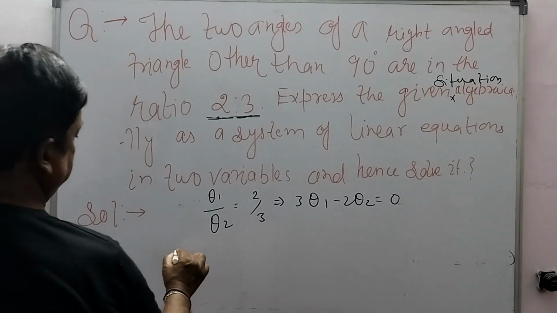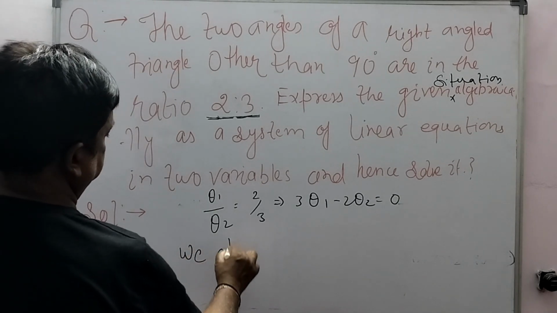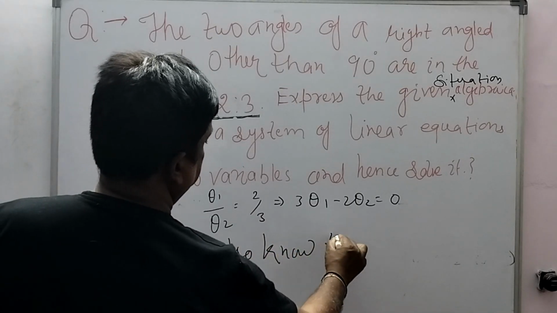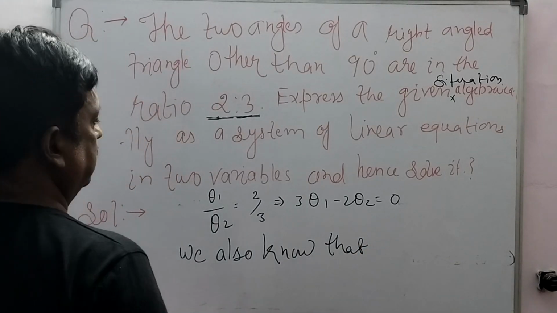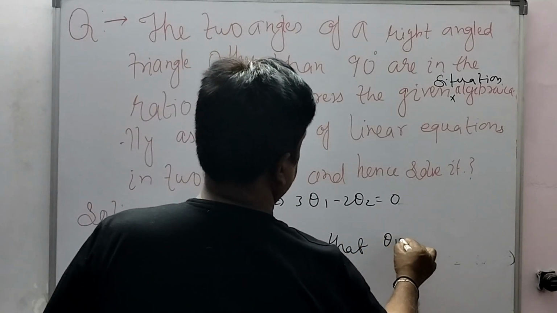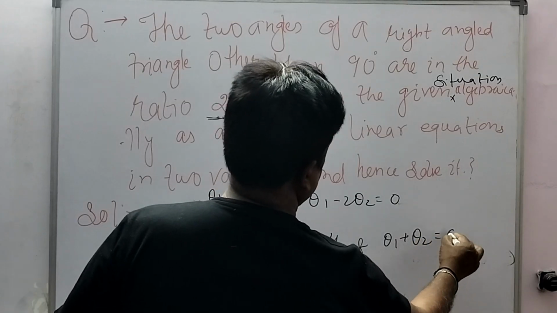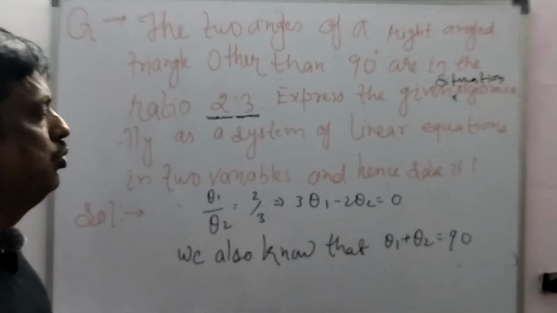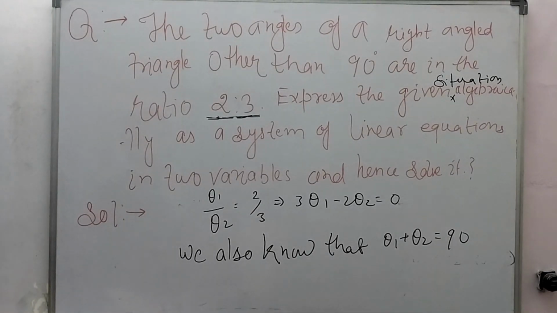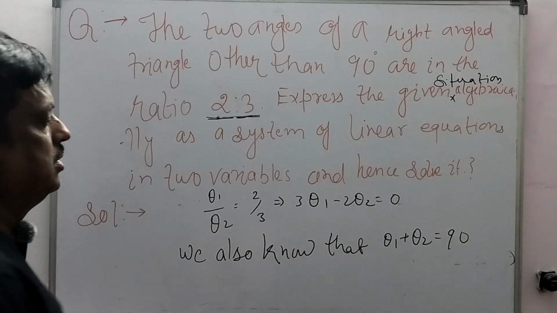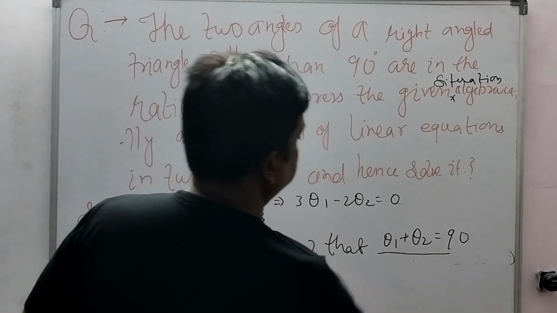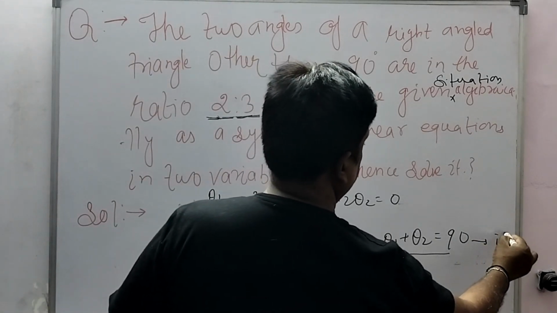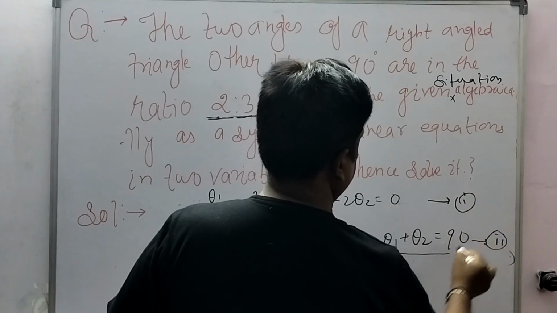We also know that theta 1 plus theta 2 equal to 90 degree. Why? Because all three angles sum to 180 degree, but one angle is already 90 degree. The rest two angles sum to 90 degree. That is the other equation.